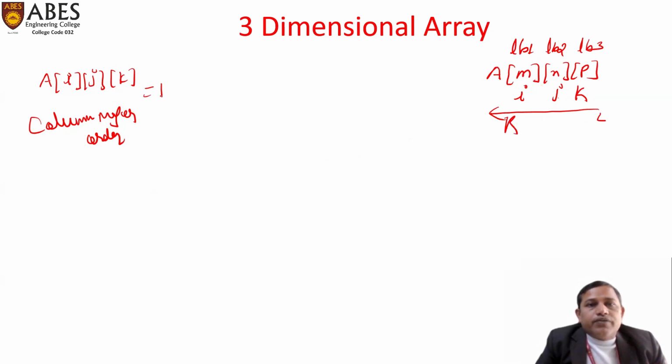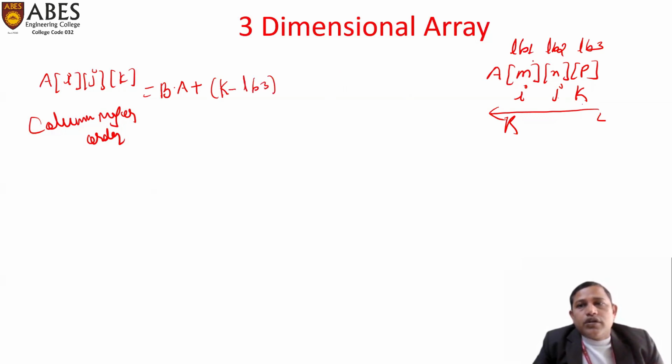First you will add the base address plus k minus lower bound of k, that is LB3, into, here you will cross m into n elements, then plus. Now you will reach j. j minus lower bound 2 into, crossing m elements only, that is m, plus.